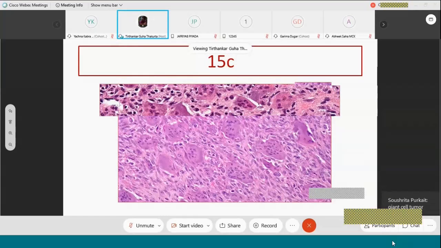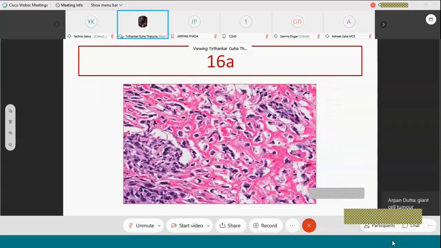What is the name of this tumor? Very good. Lace-like osteoid matrix and intervening cells with hyperchromatic nuclei. So this is an osteosarcoma. What is this tumor called?